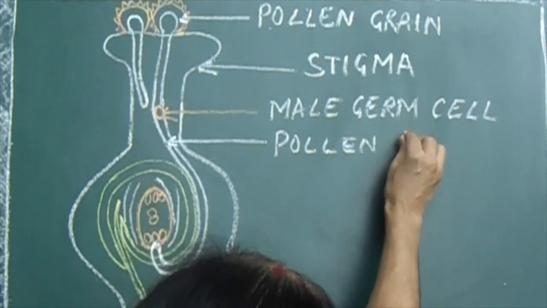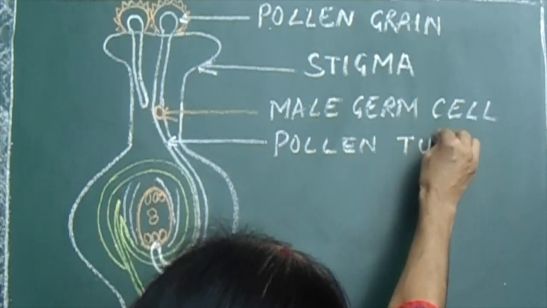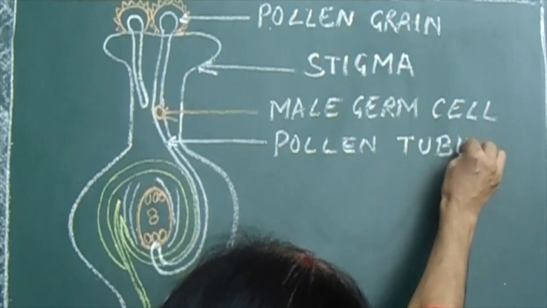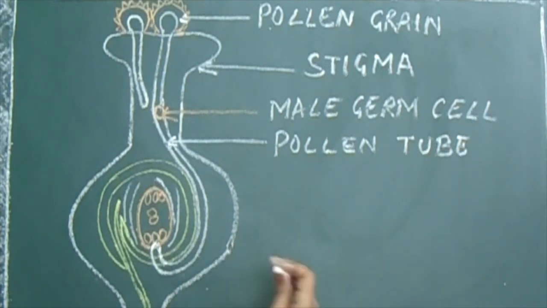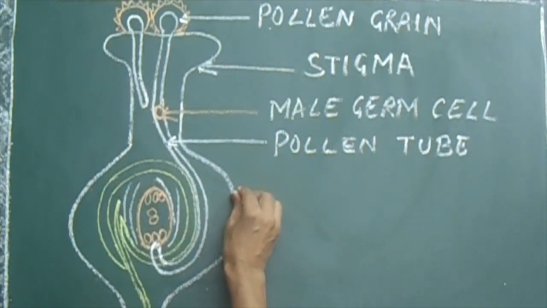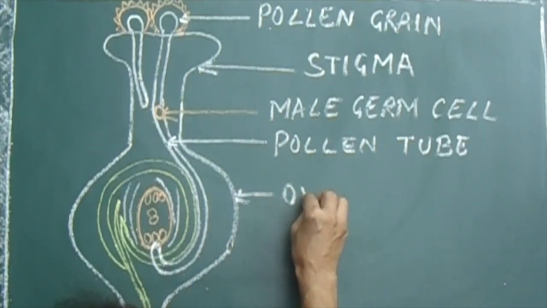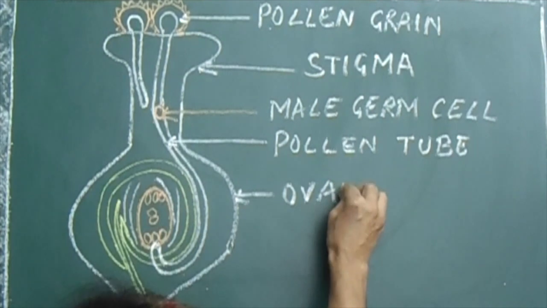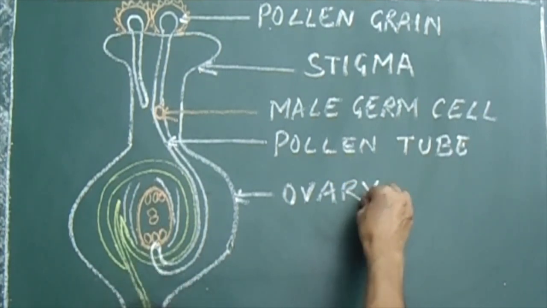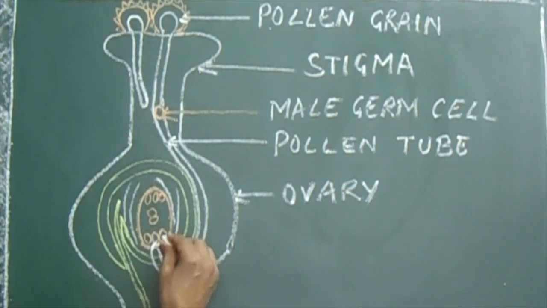What is it? It is pollen tube. Now the bulged portion. The bulged portion is ovary. Last one. What is it?